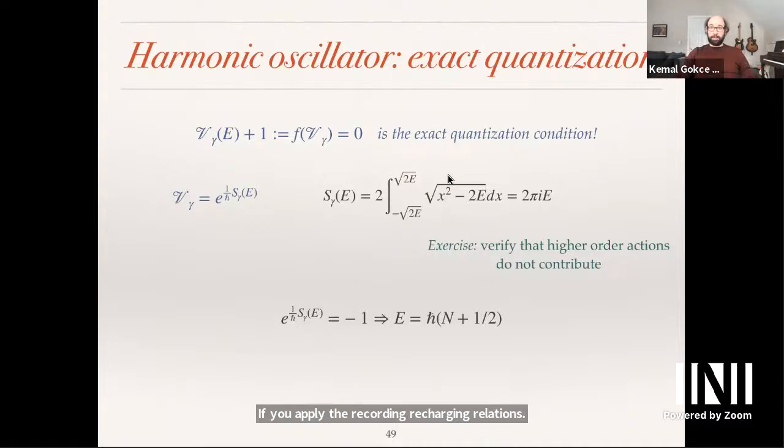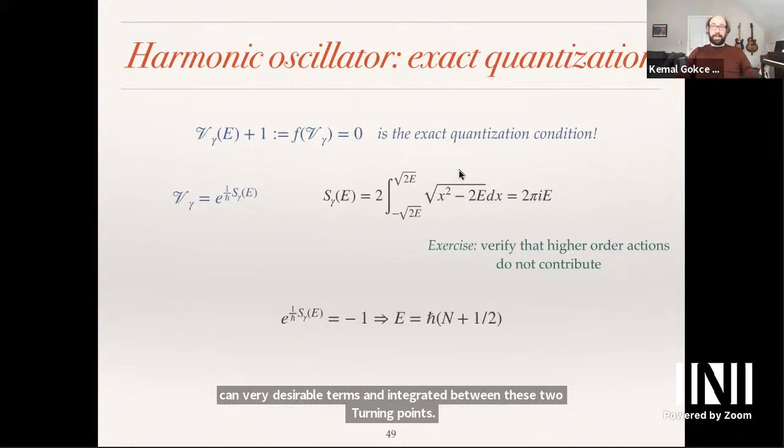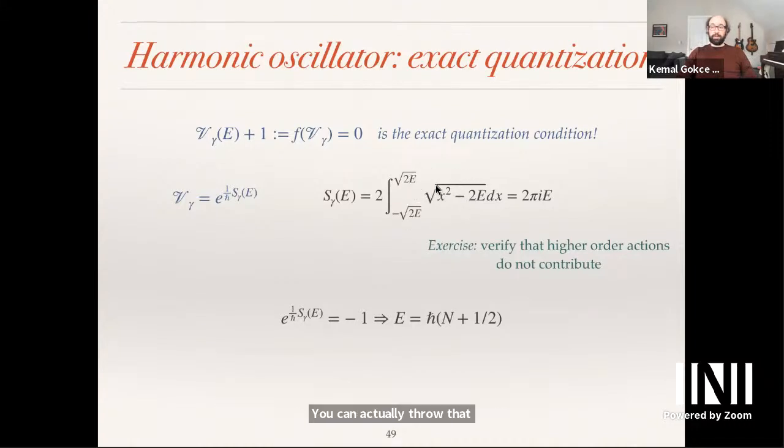you can generate these higher order terms, and integrated between these two turning points, you can show that as functions of E, they can be expressed as some combination of the lowest order action and some derivatives of E applied to it.